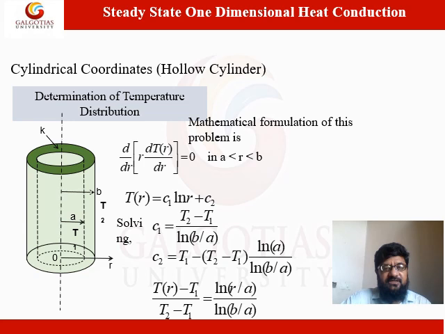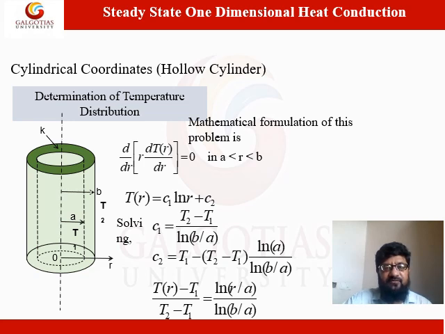So let us take another example of the cylindrical coordinate system in which there is a hollow cylinder, and we want to know the temperature distribution of this hollow cylinder.